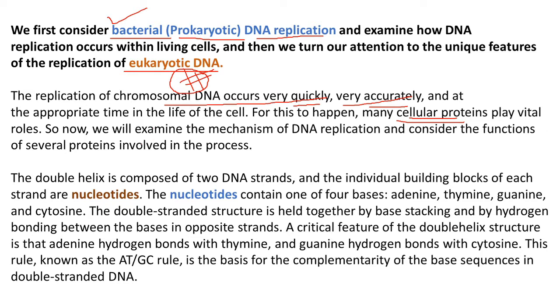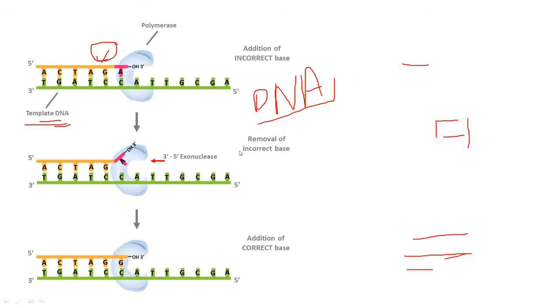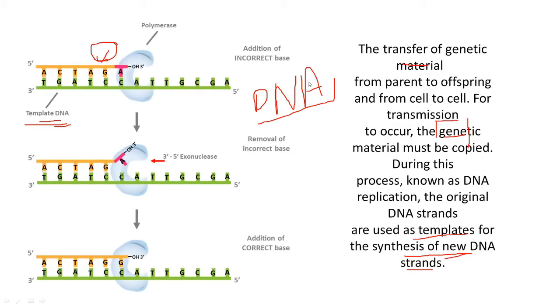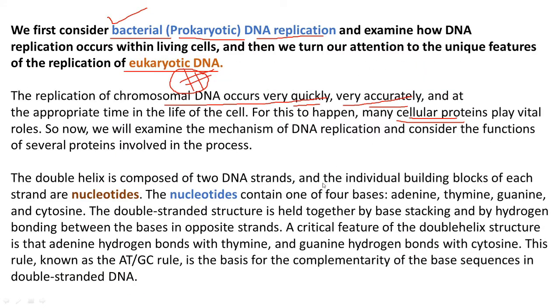The double helix is composed of two DNA strands. You guys can see the structure of DNA, the double helical structure. The double helix is composed of two DNA strands, and the individual building blocks of each strand are nucleotides.